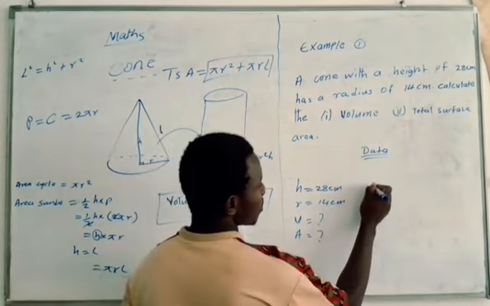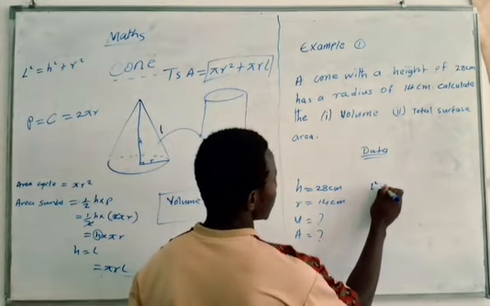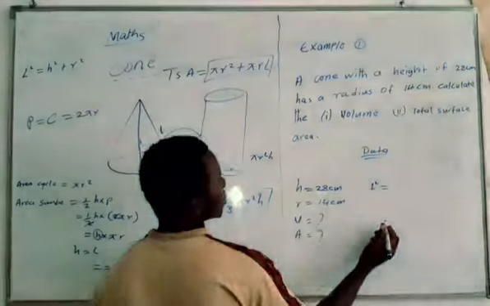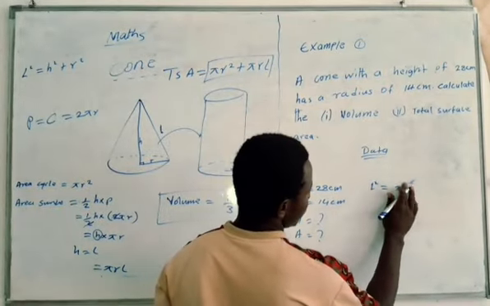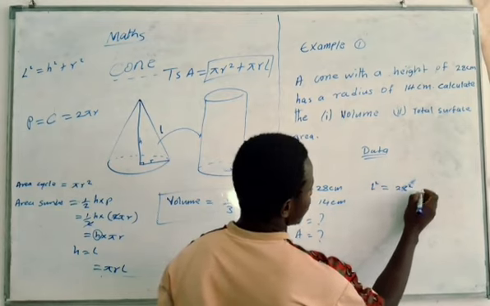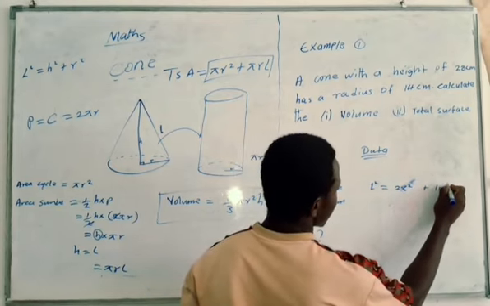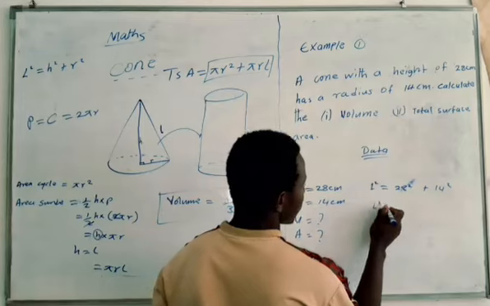So now to find L square, which is the hypotenuse, is equal to H square, which is 28 square, plus 14 square.